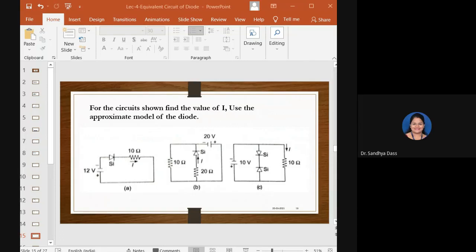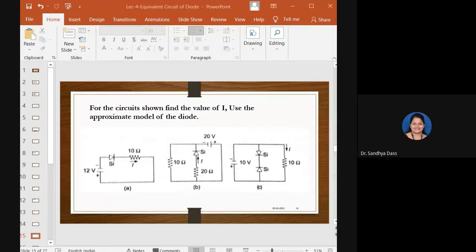Now observe figure C, circuit C there. Then we'll come back to B. Observe the circuit C. Will there be a closed loop where the current can flow through the circuit? Again, the negative terminal of the battery is connected to the anode terminal of the top diode there.